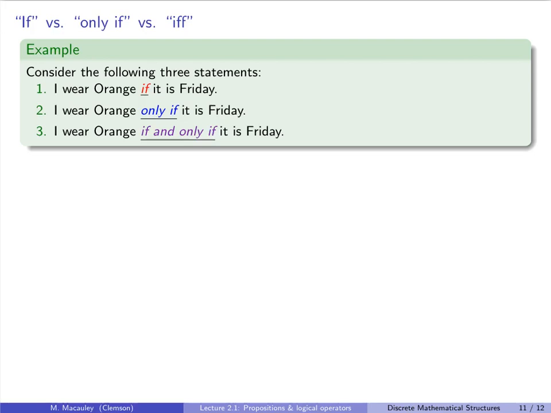Okay, so let's summarize what I just said, and let's try to explain it a little bit further. To begin, the first one, if it is Friday, then I wear orange. That is a way to rephrase this first statement with an if condition, then conclusion. In terms of the notation that we've learned in this lecture, if Friday, then orange, or Friday implies wearing orange.